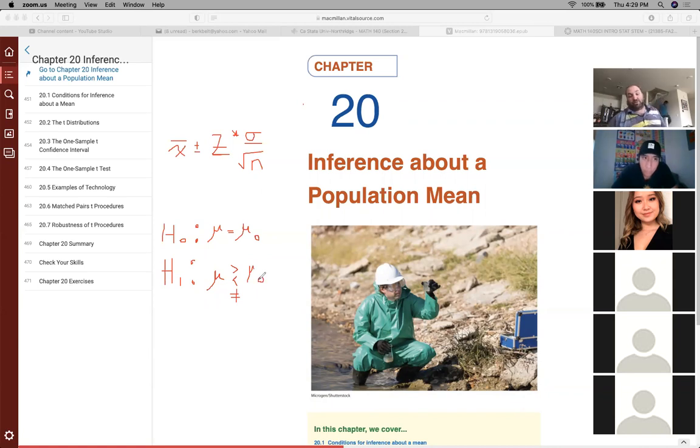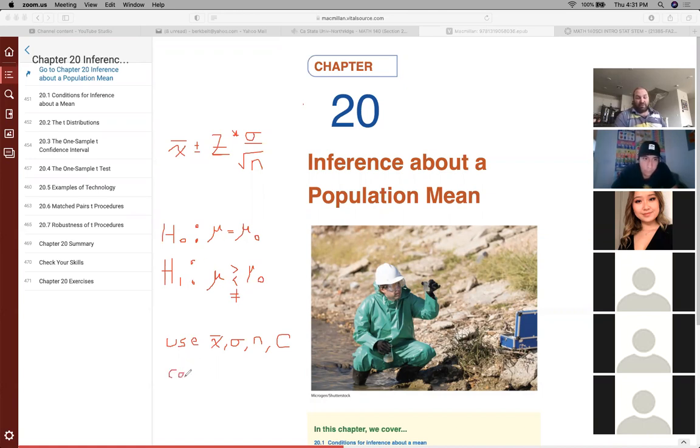Those are the things that we've done so far. We use our sample mean x bar, sigma, n, and the confidence level. All of these are used both in the confidence interval and in the hypothesis testing.